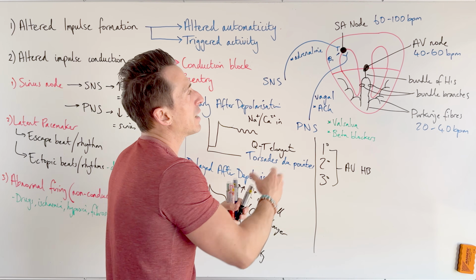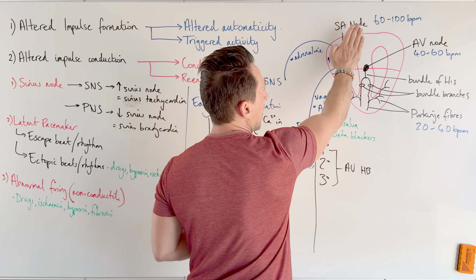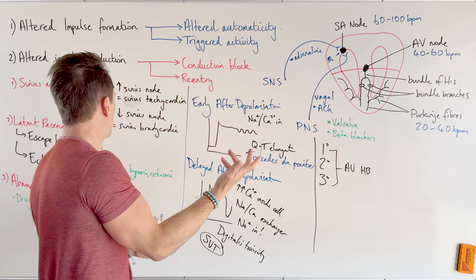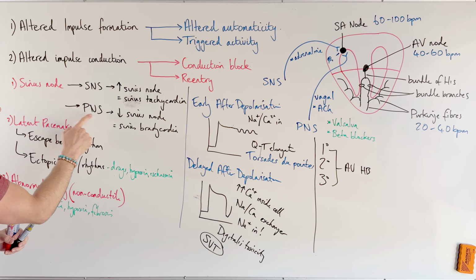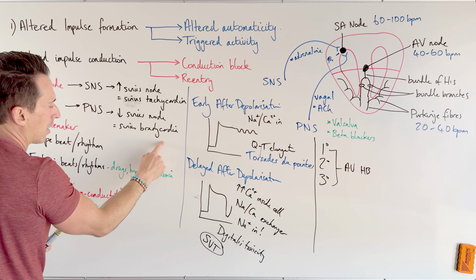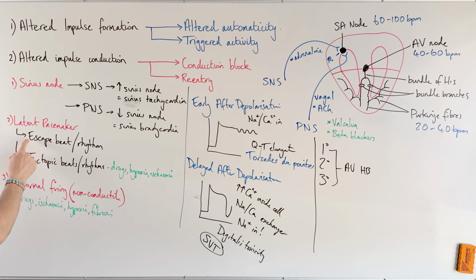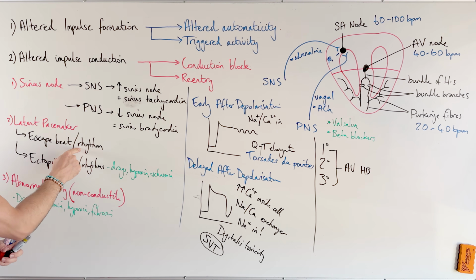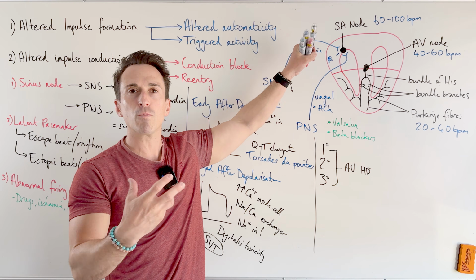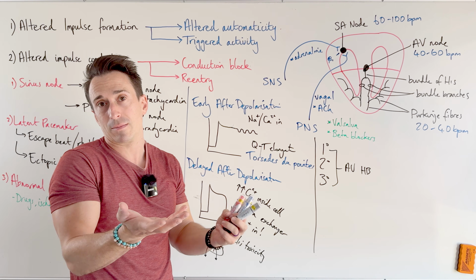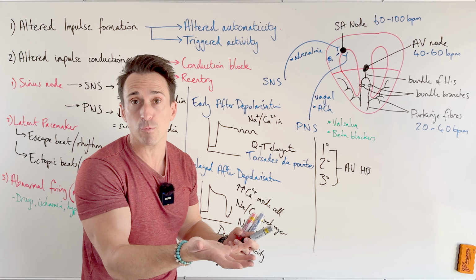If you had SA nodal heart block, which can happen, what did we say happens when the SA node goes too slow, or turns off? You have the latent pacemakers kicking in. You get escape rhythms. So effectively, an SA node block can manifest as escape rhythms.